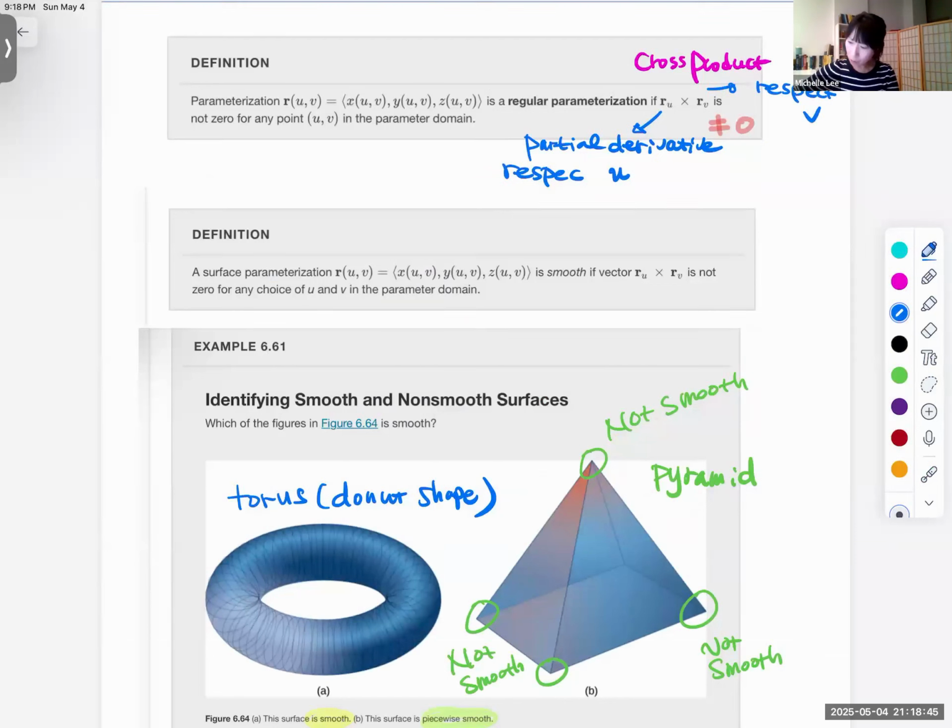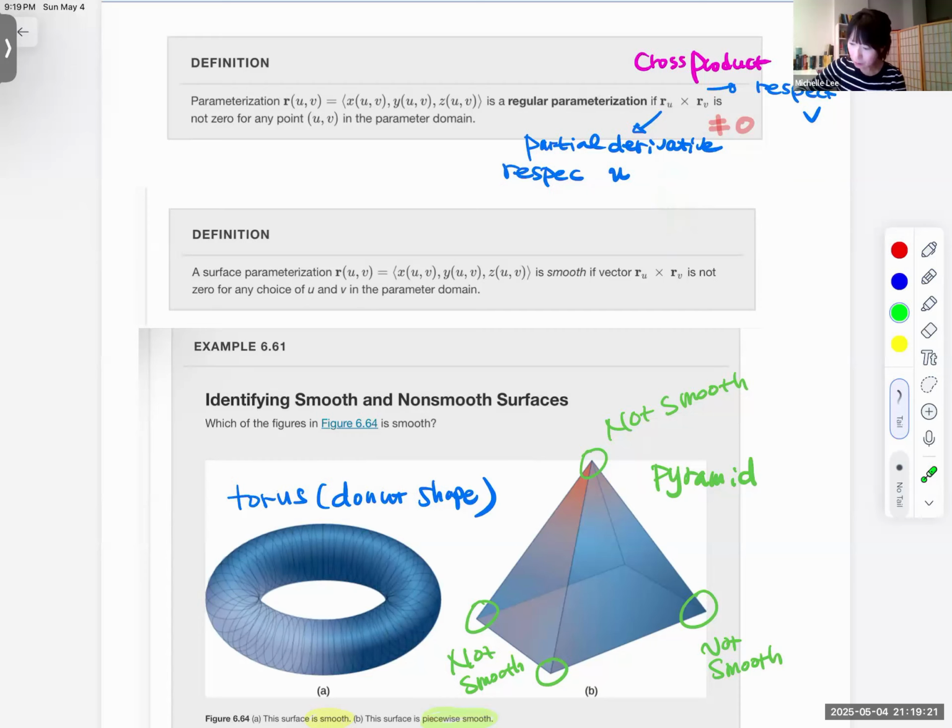Okay, so we have a definition here. A parameterization is a regular parameterization if the cross product of R sub u and R sub v there, right? So this means partial derivative with respect to u, because we had f sub x, right?